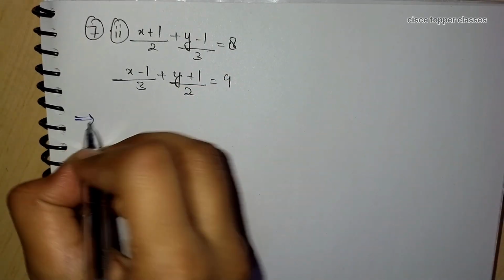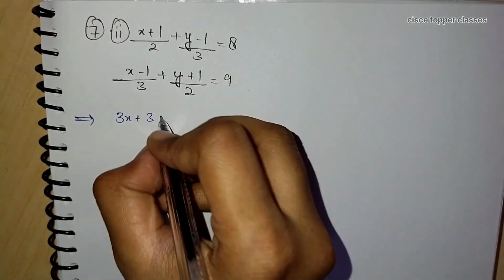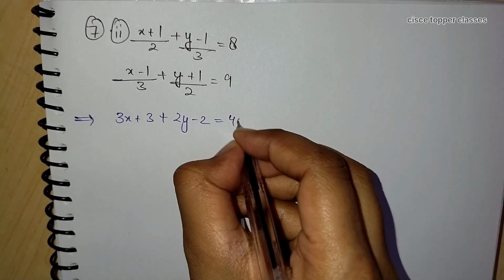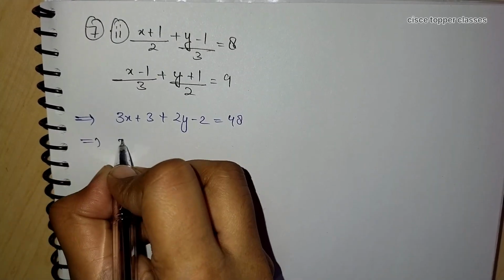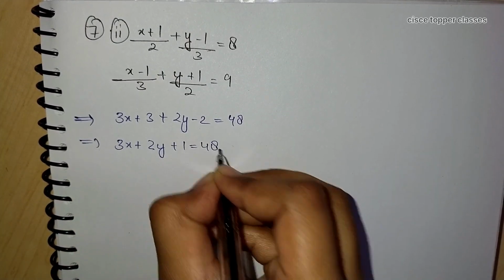On solving this part, we will get 3x plus 3 and 2y minus 2 equal to 6 into 8 as 48. We can write it as 3x plus 2y plus 1 equal to 48.